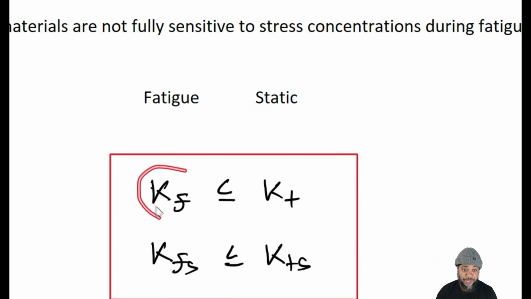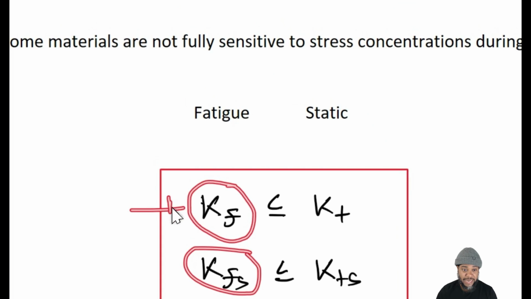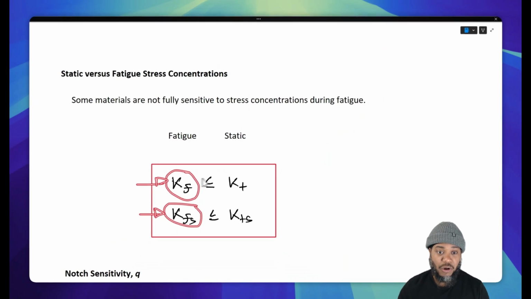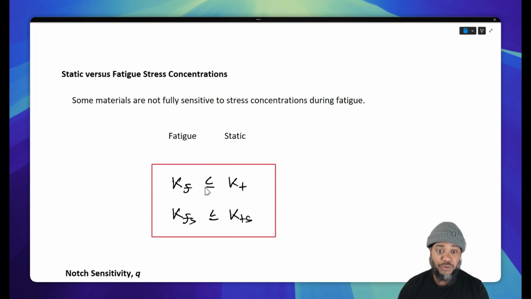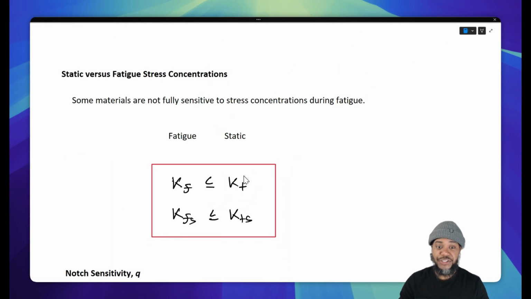And so the fatigue stress concentration factors, whether it's the axial ones or the shear values of the factors, are always less than or equal to the static values, meaning they're not fully sensitive to the concentration.